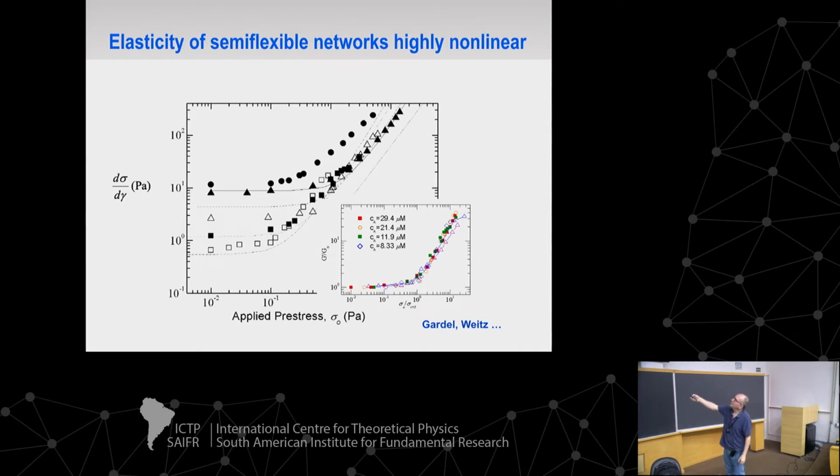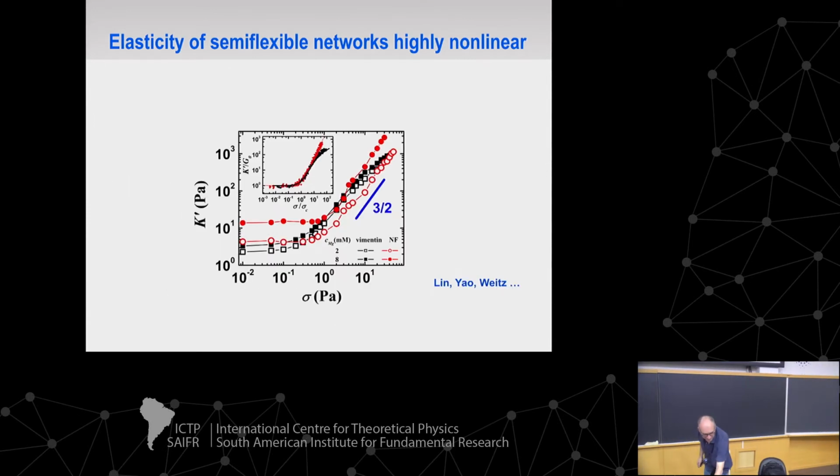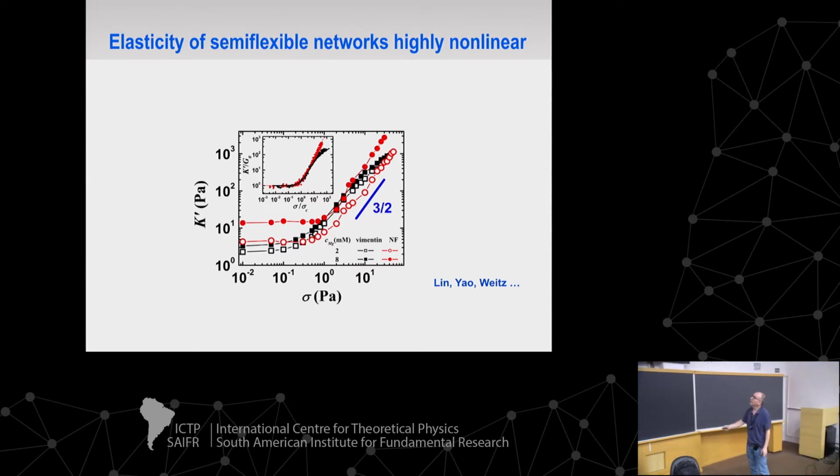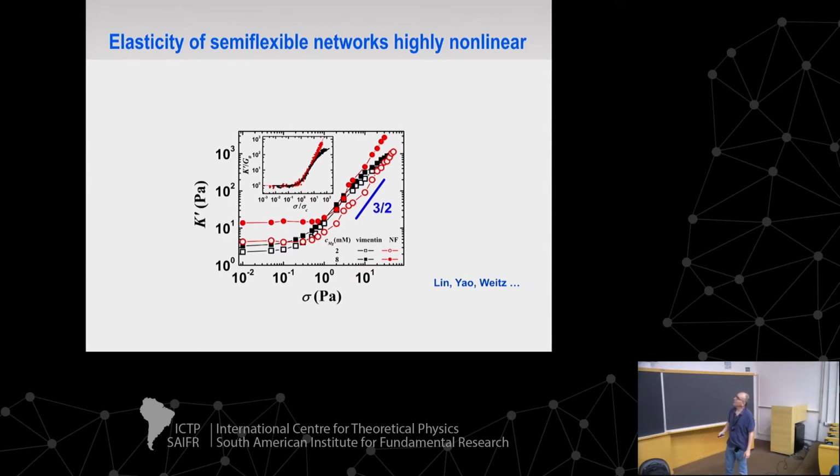This shows almost 2 orders of magnitude increase in stiffness, now plotted as a function of stress rather than strain. That's actin, neurofilaments, vimentin. These intermediate filaments do it as well. This was some follow-up work in a collaboration with the same group, and here you see a full 3 orders of magnitude stiffening.